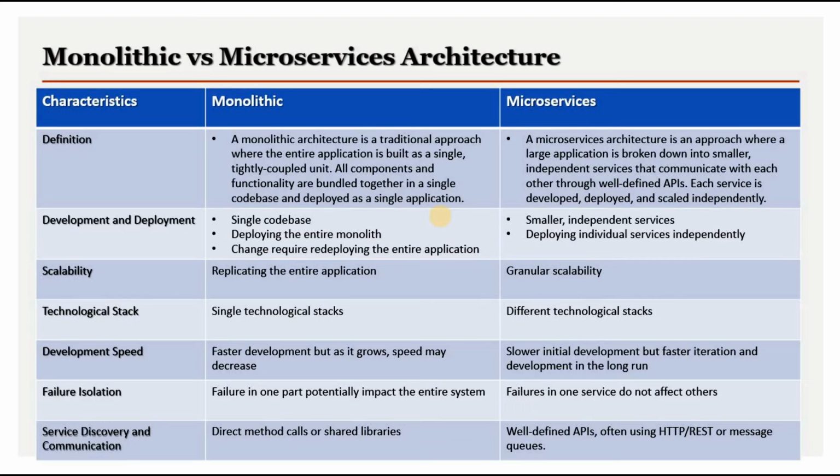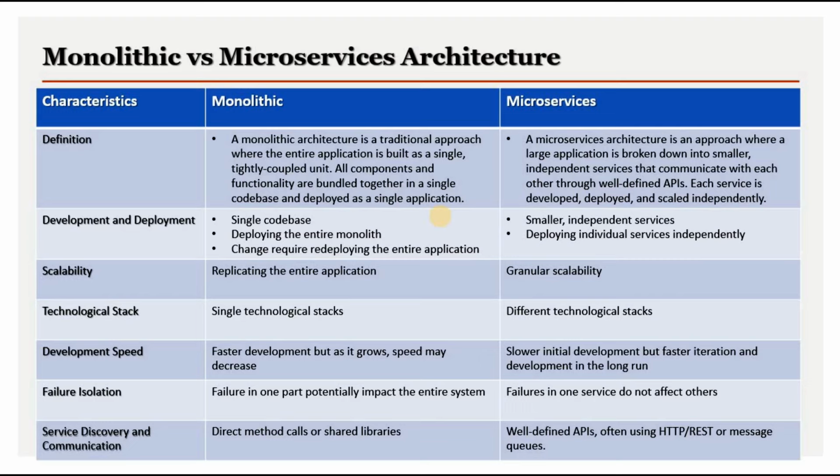Testing is comprehensive but may be time consuming due to the need to test the entire application. In the microservice architecture, deployment involves deploying individual services independently, enabling faster and more frequent releases. And testing can be more focused on specific services, facilitating quicker testing cycles.